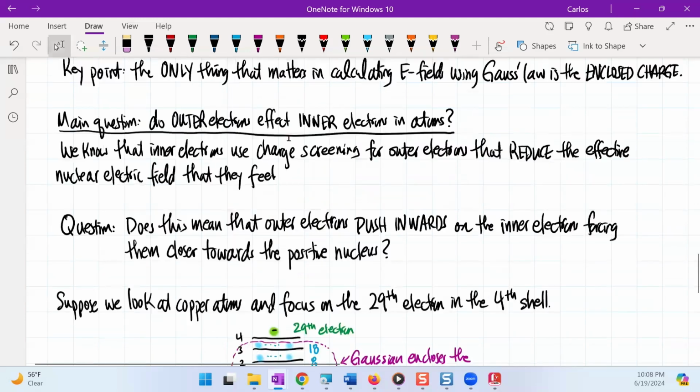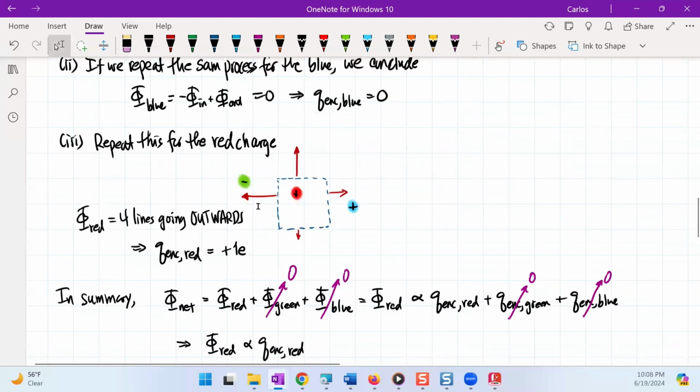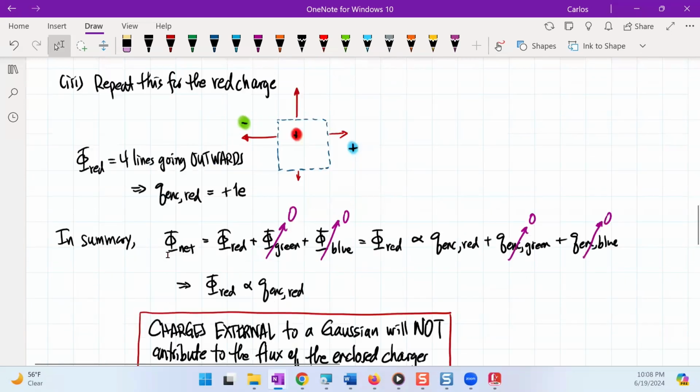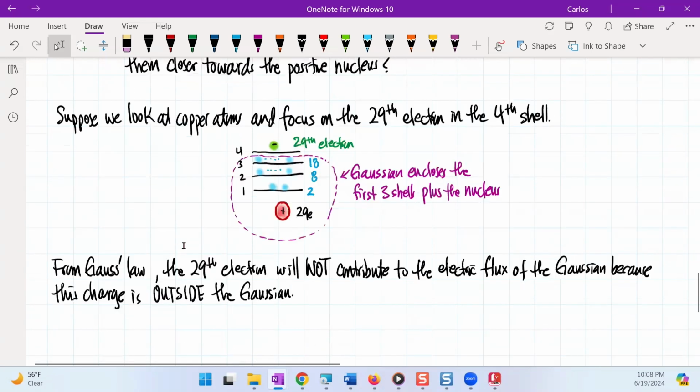And this is exactly what we just showed right here. The green and the blue are not going to contribute. So when I look at this copper atom, the 29th is outside and will not contribute.